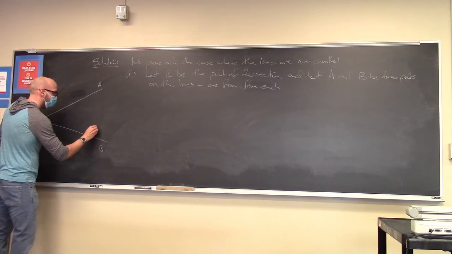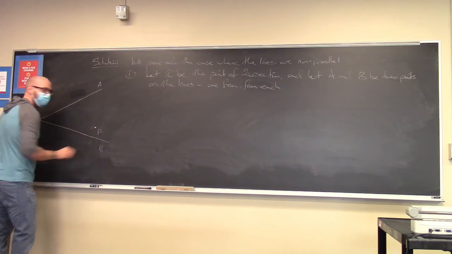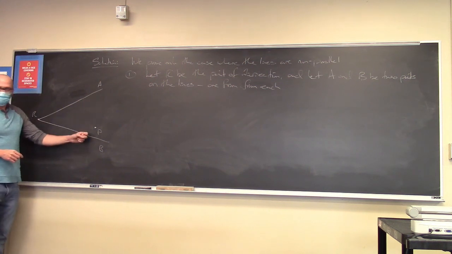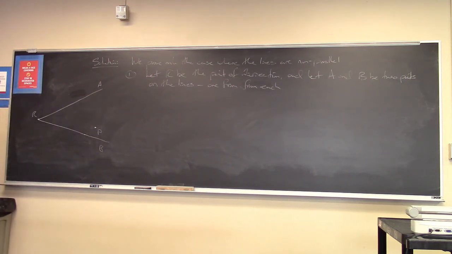Here's P. Am I losing generality here? Is it, if I choose P to be between the lines? Is that something I can assume in my picture? What if P's out here?